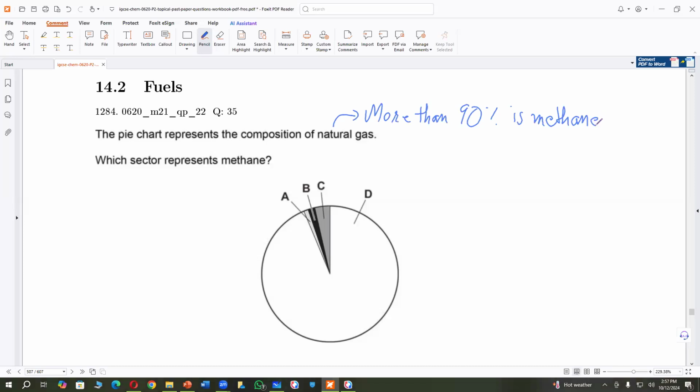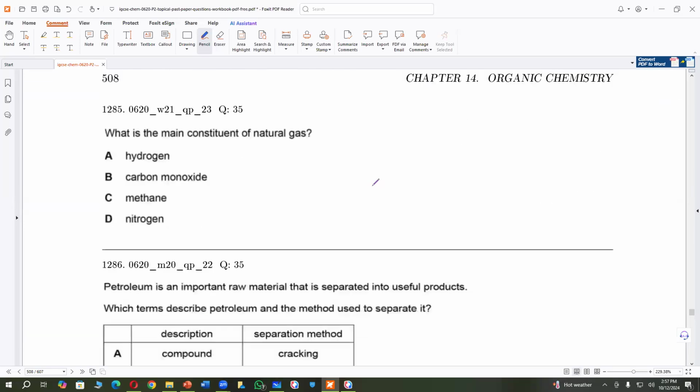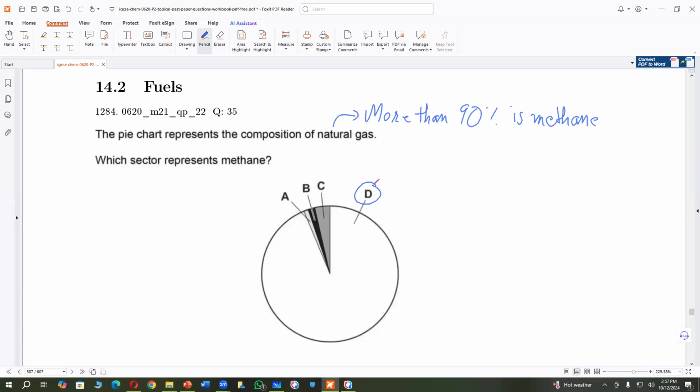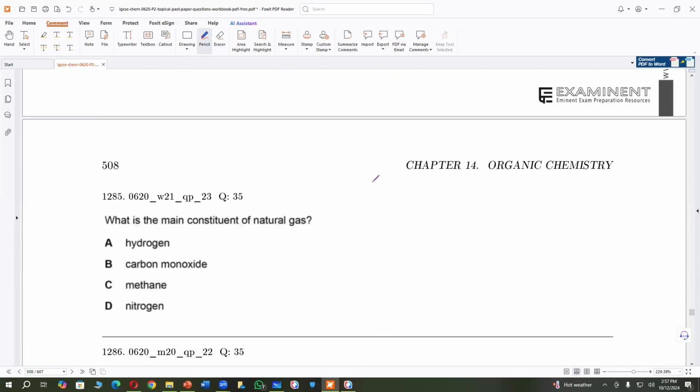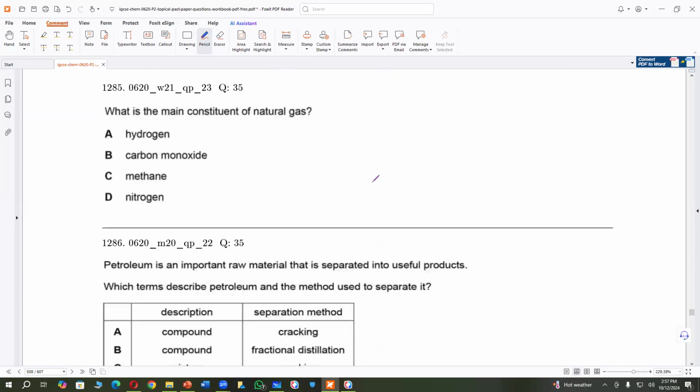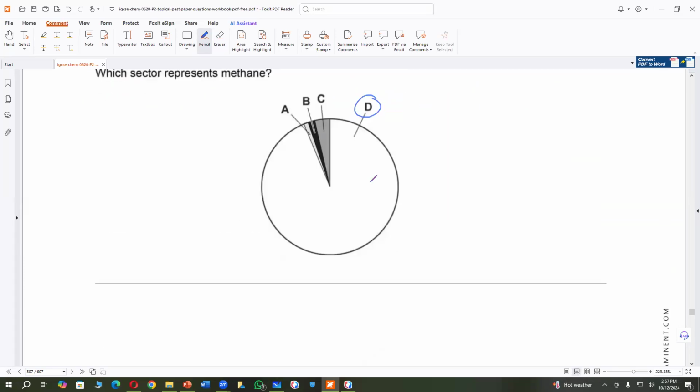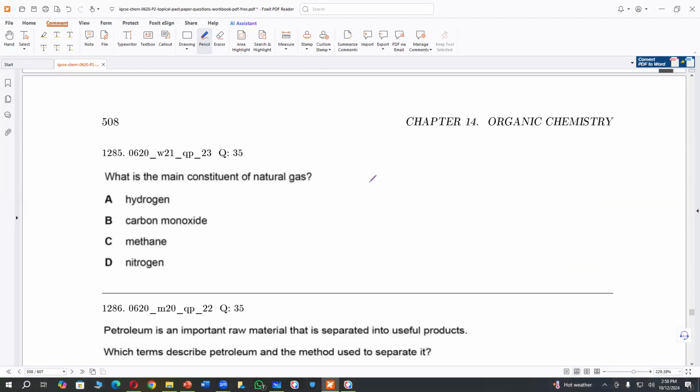So D. Okay, you go back up. Take a screenshot. Yeah, done. Now try this question. What is the main constituent of natural gas? We just did it here. Oh, methane. Yes.